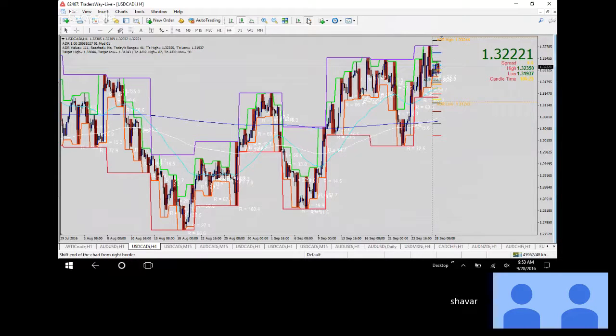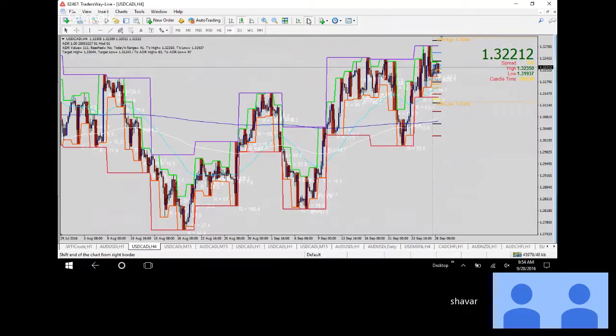News in half an hour about oil, and then I think about 2:30 or so for USD again. So we got some heavy news coming out throughout this morning and early afternoon. So you have to be careful. If you are in trades, make sure you are using a stop loss.